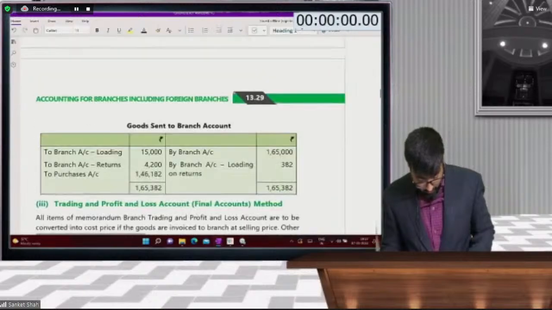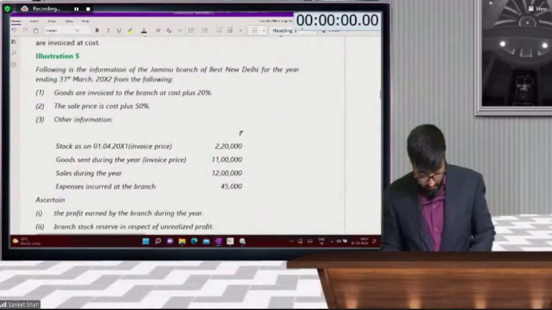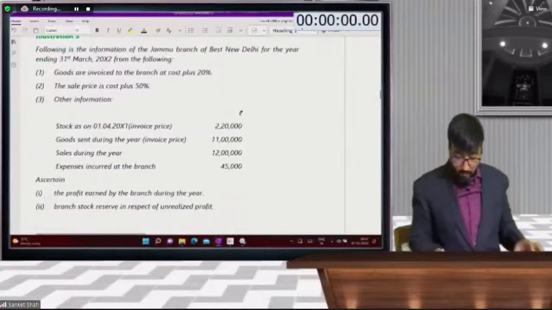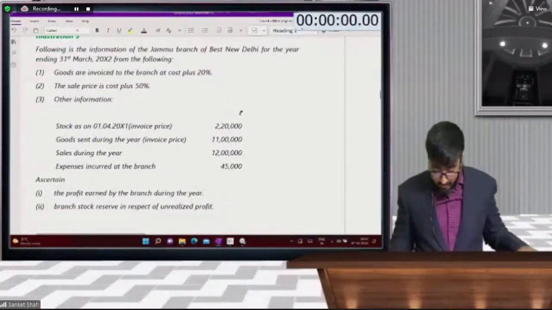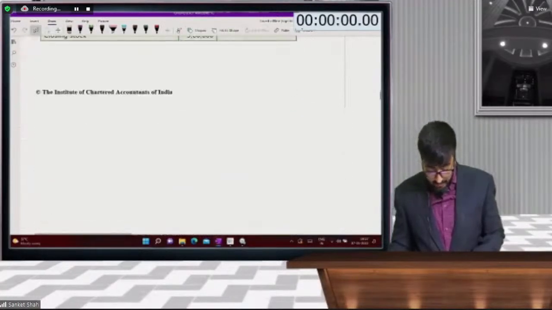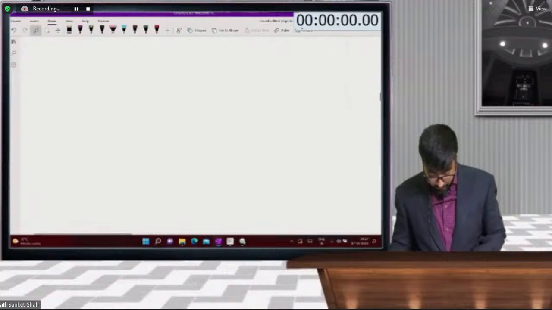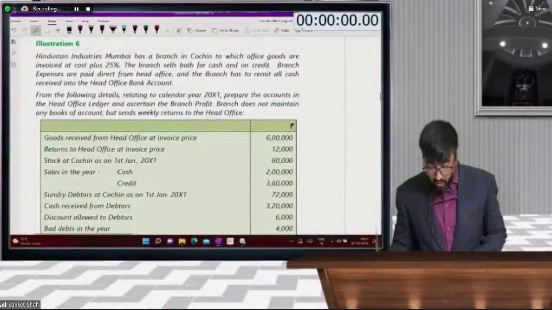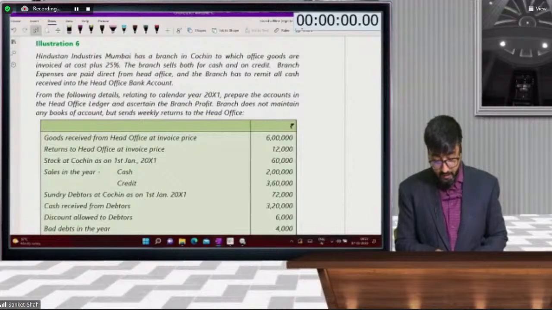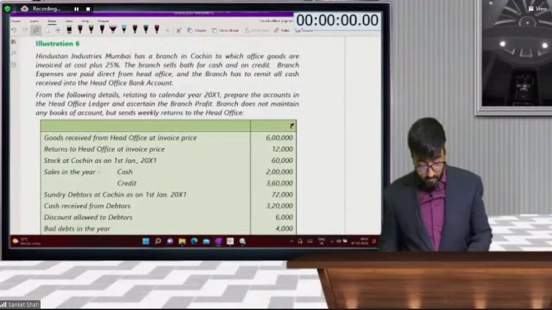Illustration 4 is your homework. Illustration 5 homework, try it, and we are going to discuss these questions in next session. Illustration 6, you have to solve it using the tick-tick-easy technique. Illustration 6 is homework, it's very easy, beta.